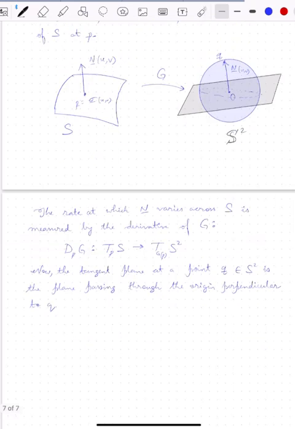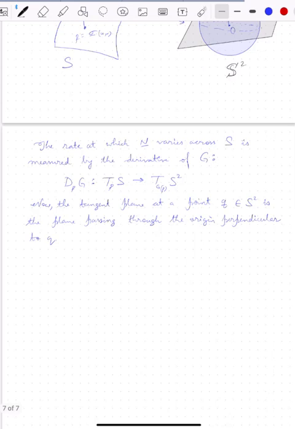So since the tangent plane at a point Q, an element of S2, is the plane passing through the origin, it has to pass through the origin of S2. Correct?